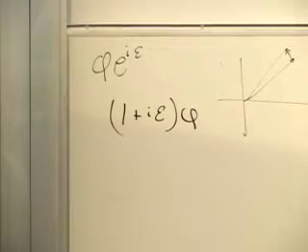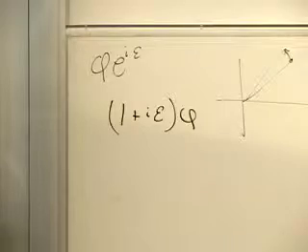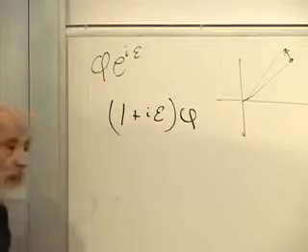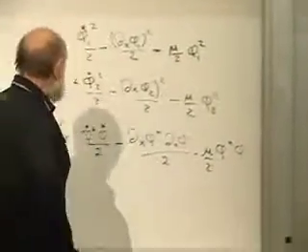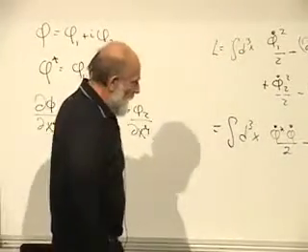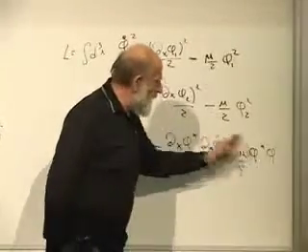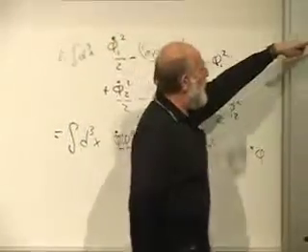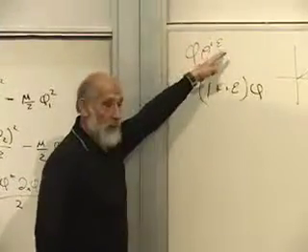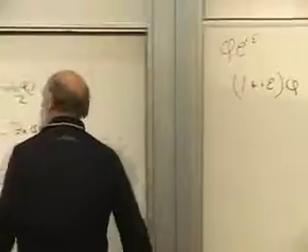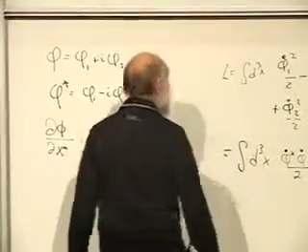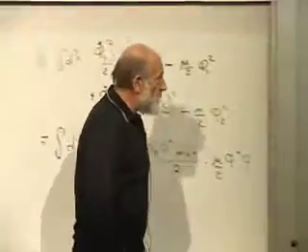Now, is that a symmetry? Is the Lagrangian changed if I multiply phi by e to the i epsilon? And here it's obvious that it doesn't change. Phi star phi does not get changed when I multiply phi by e to the i epsilon. The e to the i epsilons cancel when you multiply phi times phi star.